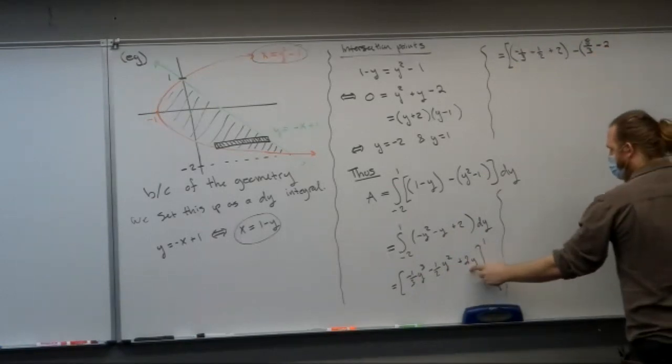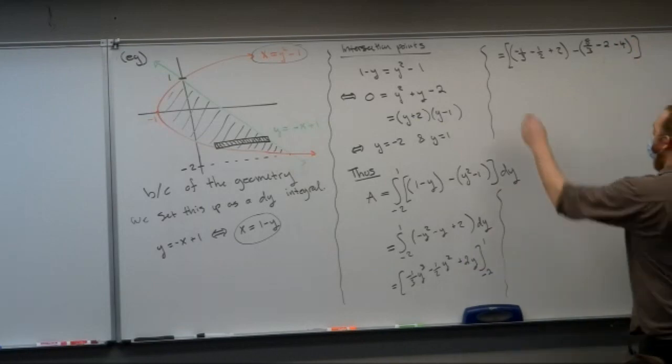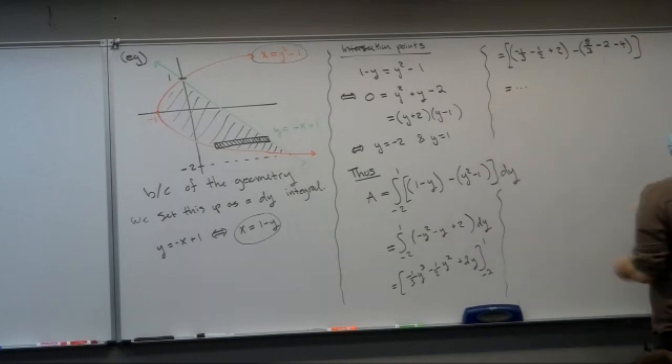And -2 times 2 is just -4. We're a little short on time, so I'm not going to finish this out, but you guys can do the arithmetic.